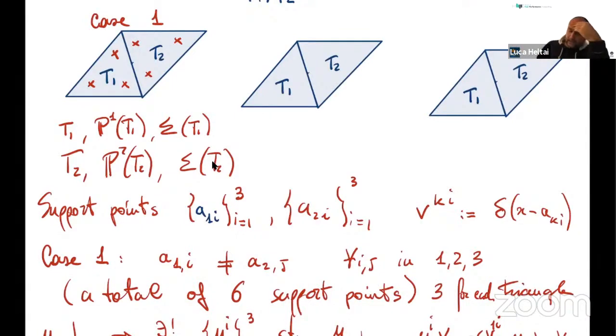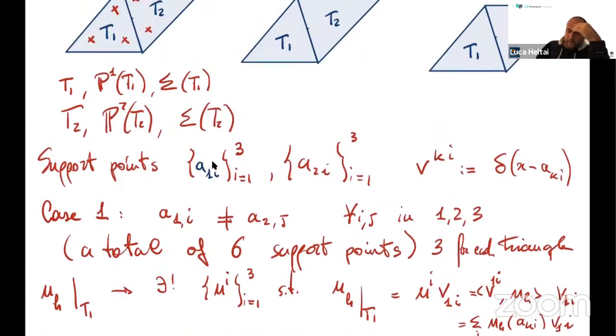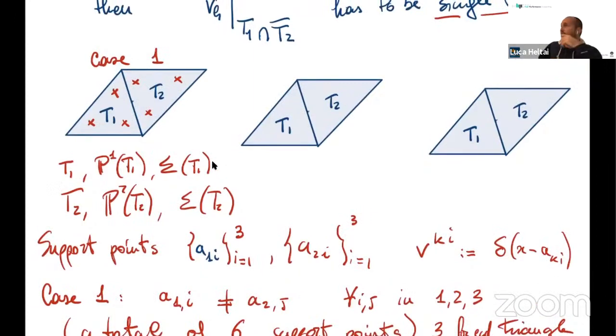And the problem here is that there is not a one-to-one relationship with the number of degrees of freedom that I have and the dimension of the total space that I have.